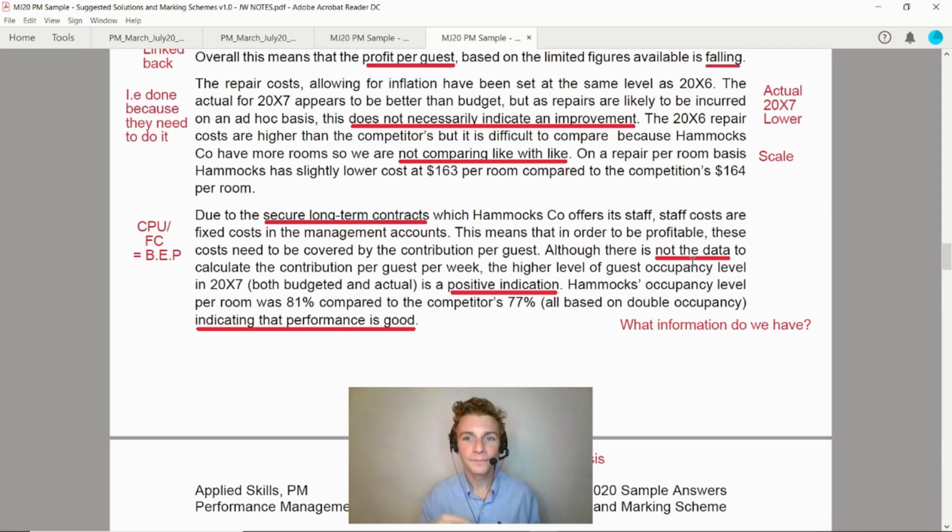On a repair by room basis scale though, Hammocks Co are slightly lower cost at $163 per room compared to the competitors' $164 per room. So slightly more you can get away with it there, but in terms of the actual type of hotel, in terms of the levels of repairs, you can't make that comparison, but you've got to justify that in your answer. If you think they actually are comparable and you can justify it from the information, pop it down, but it has to be justified. That's the key thing.